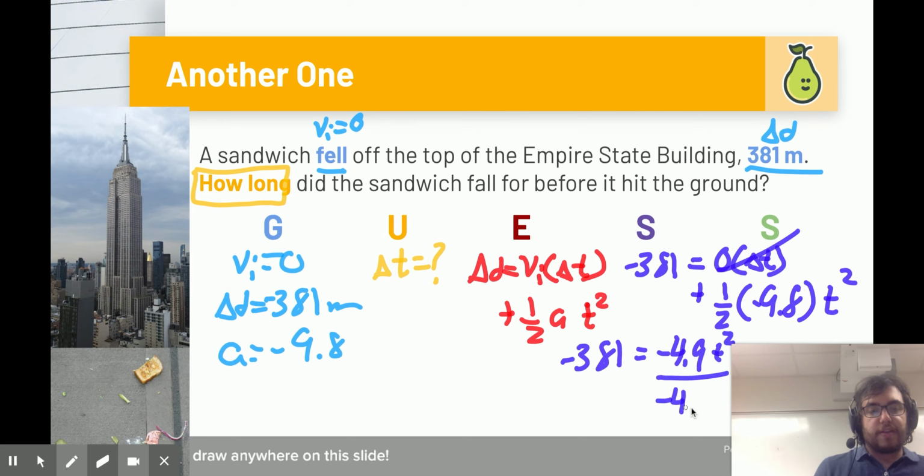Divide both sides by negative 4.9. So 381 divided by 4.9 gives us an answer of positive 77.8.